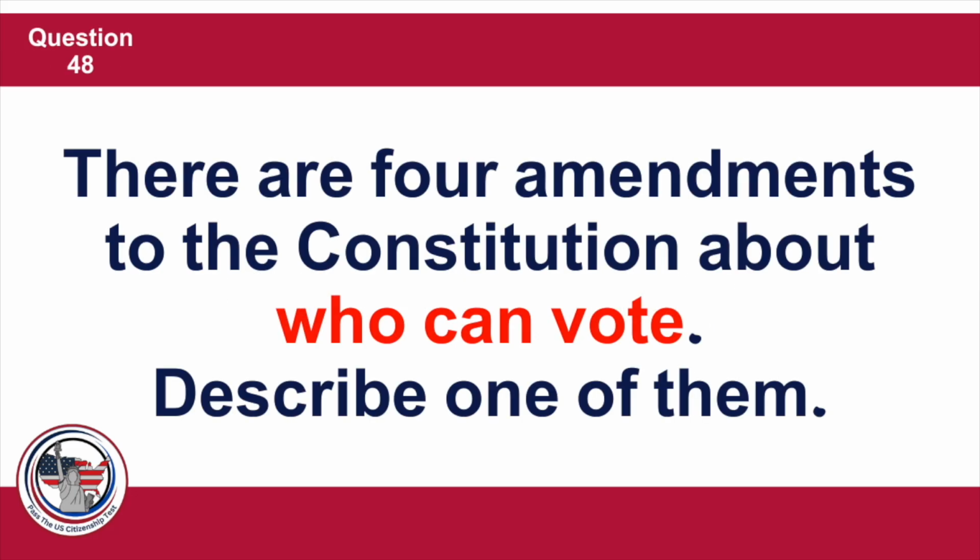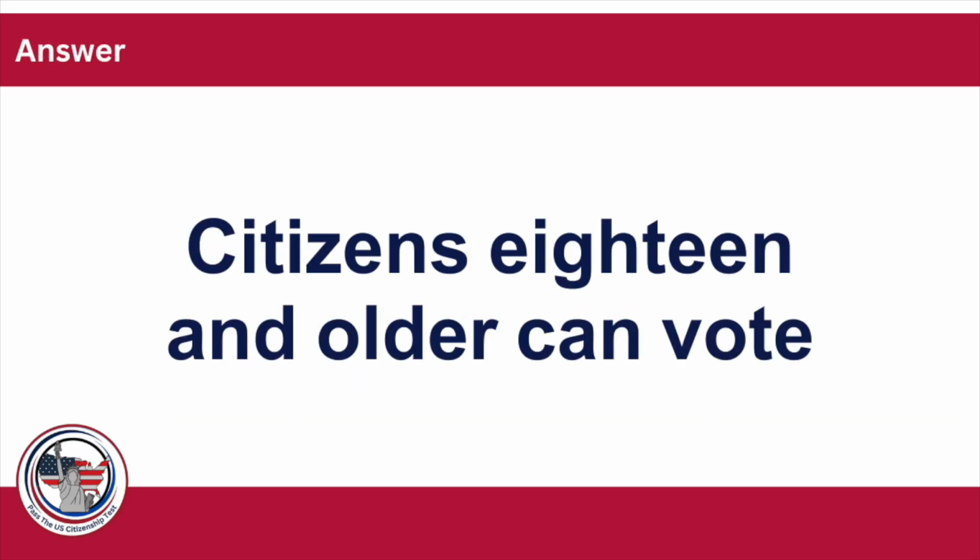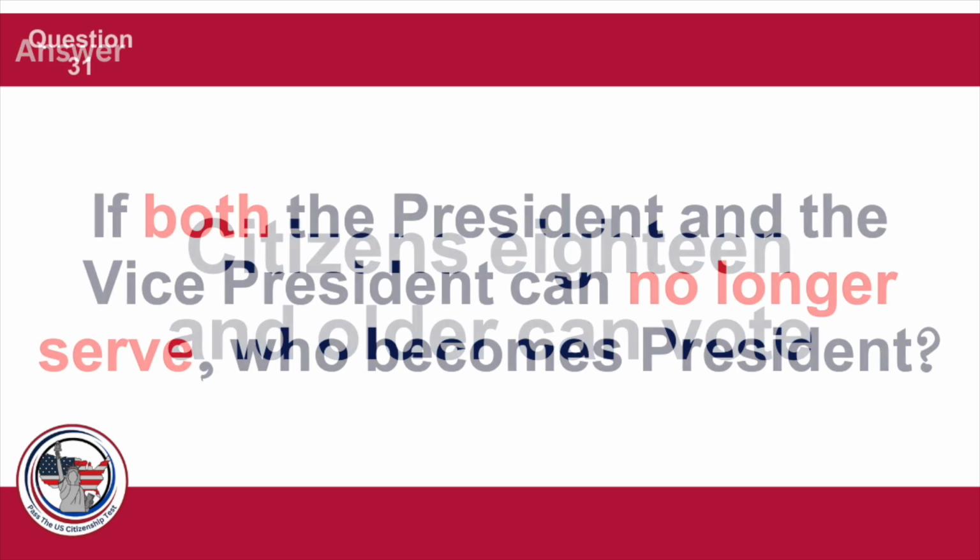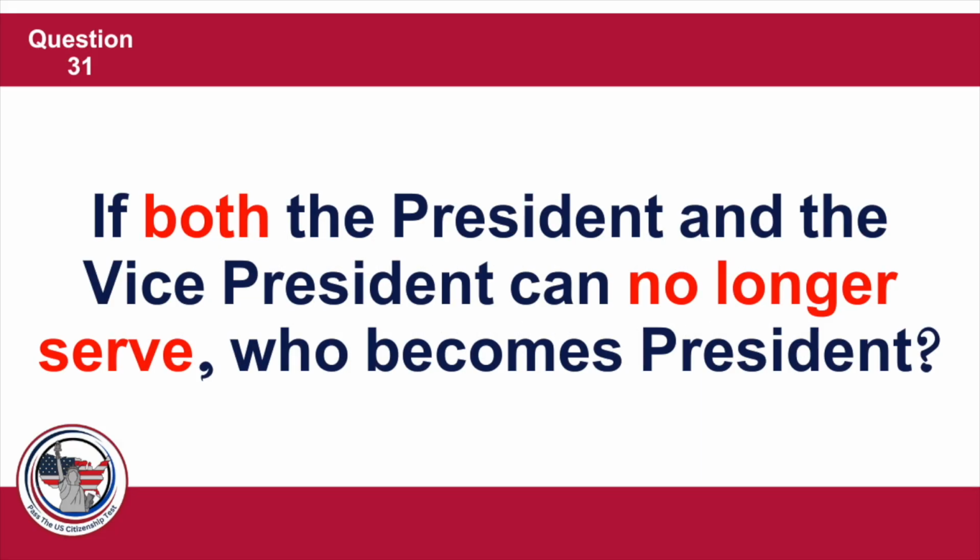There are 4 amendments to the Constitution about who can vote. Describe one of them. Citizens 18 and older can vote. If both the president and the vice president can no longer serve, who becomes president?